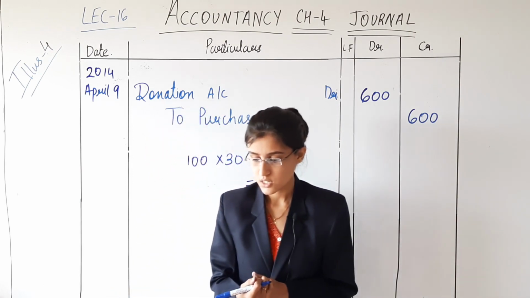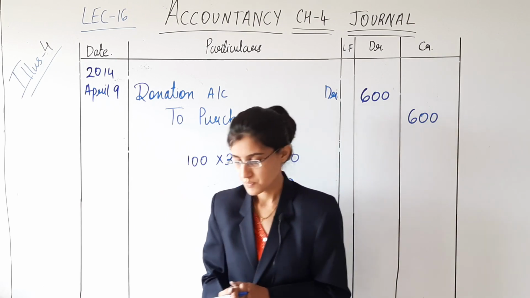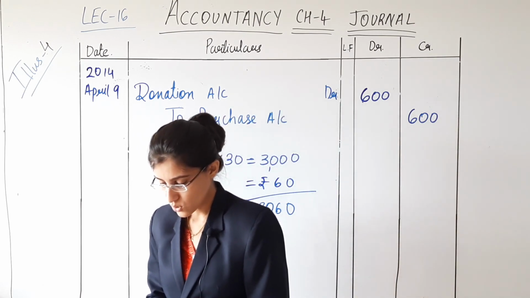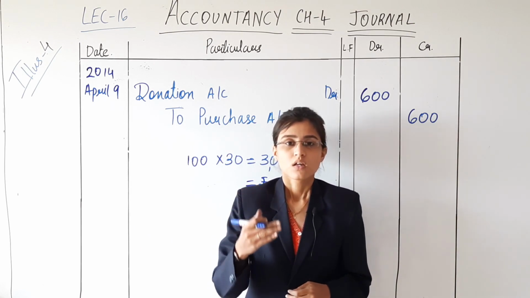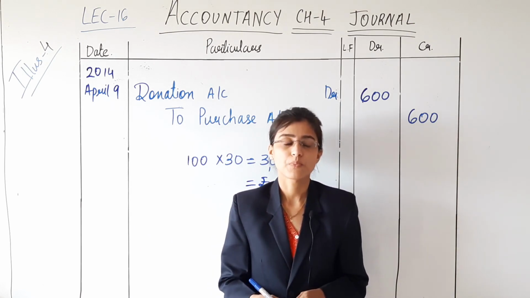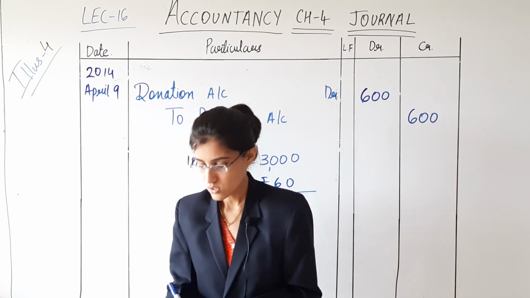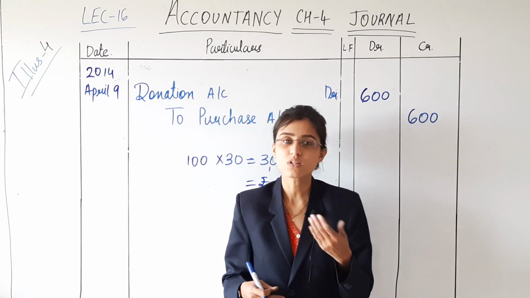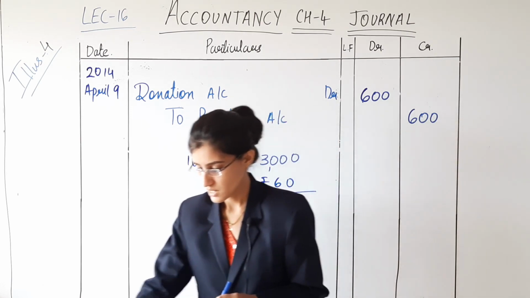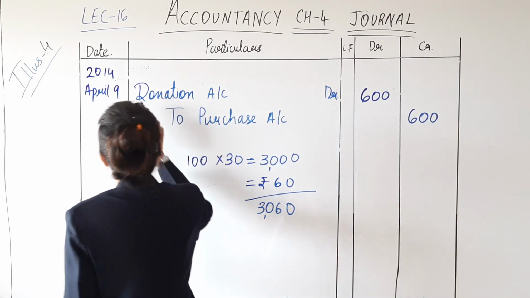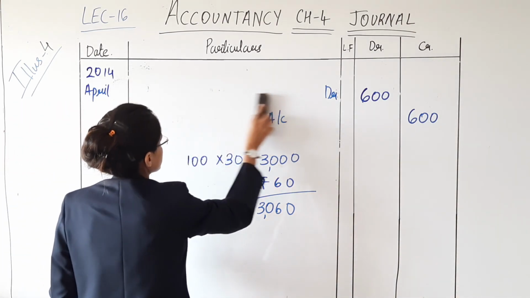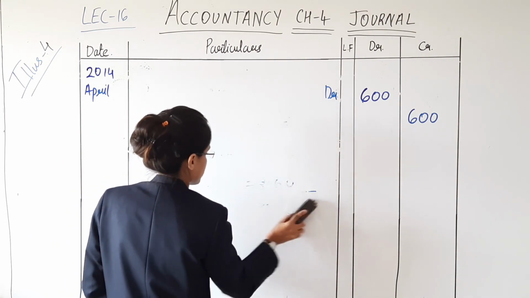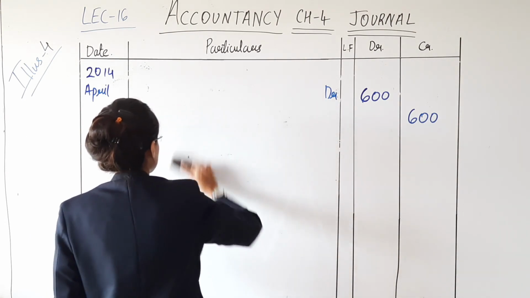Transaction dated on 18th of April. Goods of rupees 4000 sold to Kedarnath. You have sold goods of rupees 4000 to Kedarnath. Who is the receiver? Kedarnath. Let me write it down. On 18th of April, Kedarnath is the receiver.